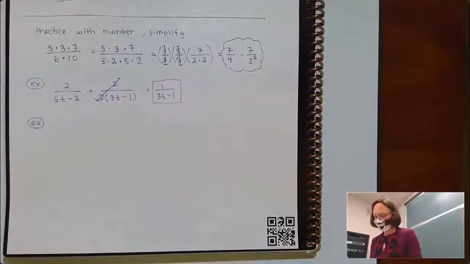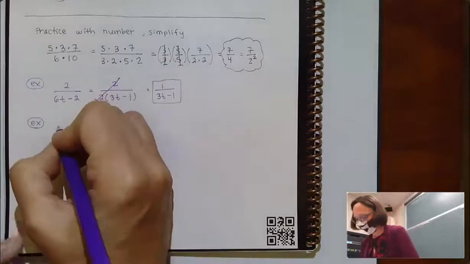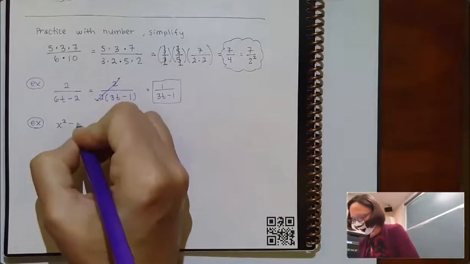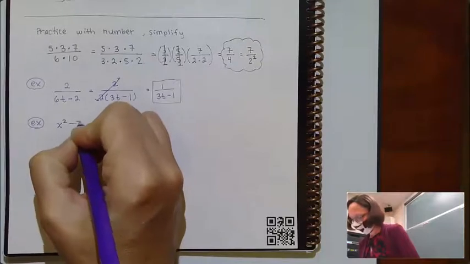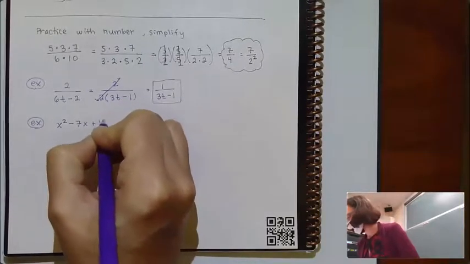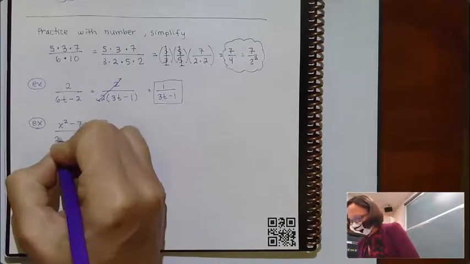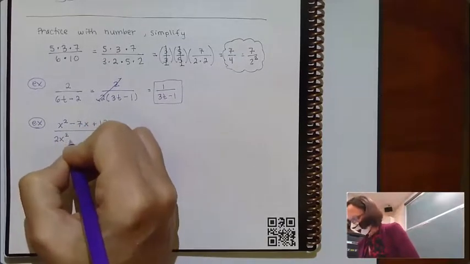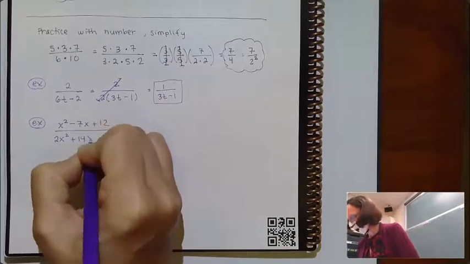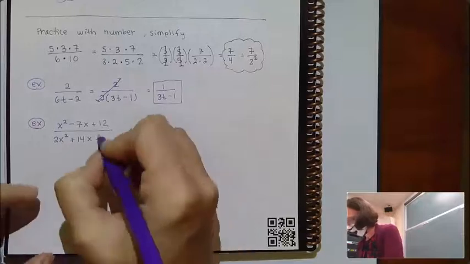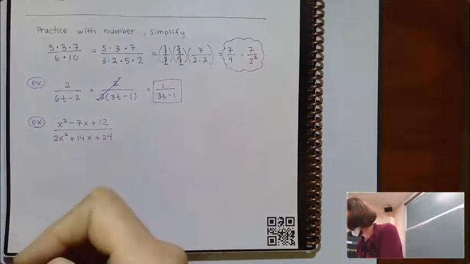Yeah, okay. So let's practice the factoring this morning. X squared minus 7x plus 12 over 2x squared. Oops, sorry, plus 24. Hold on.